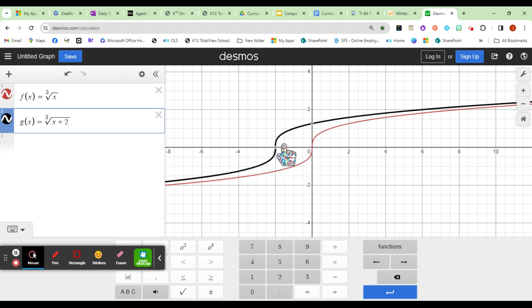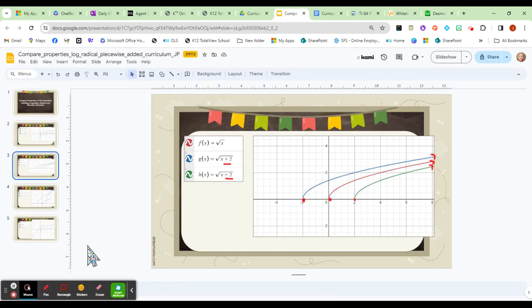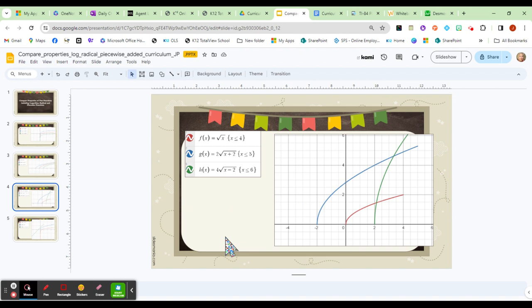Same shape. If we compared them, they have different x-intercepts, but this one crosses at -2, this one crosses at 0. The right-hand side of these graphs are both increasing, the left-hand sides are both decreasing, and all that kind of great stuff. All right, on my next slide, I am comparing some piecewise functions.